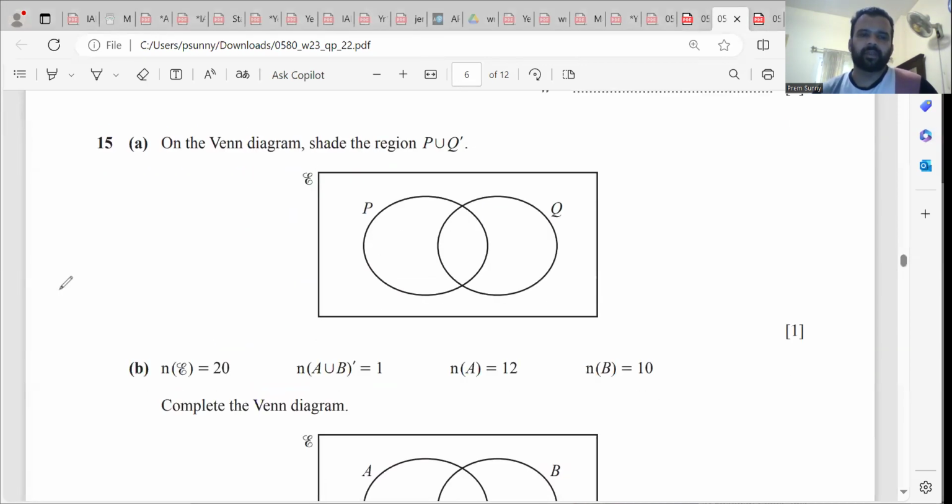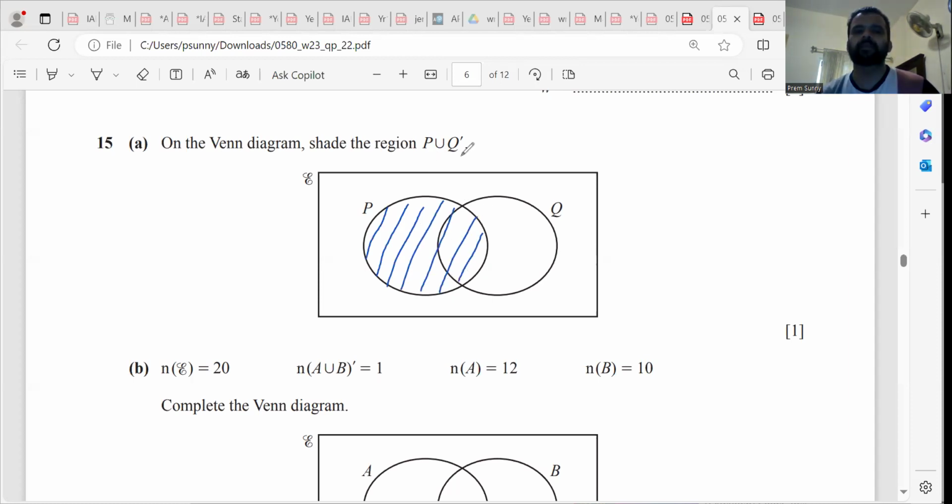Now question number 15. On the Venn diagram, shade the region P union Q complement. Union means even if the lines don't intersect, if there is a single line also, we can consider that region. P union Q complement. First, I will shade all P because P is included.